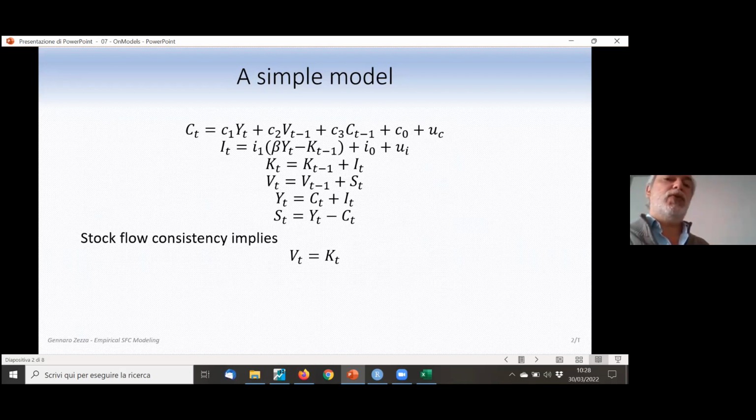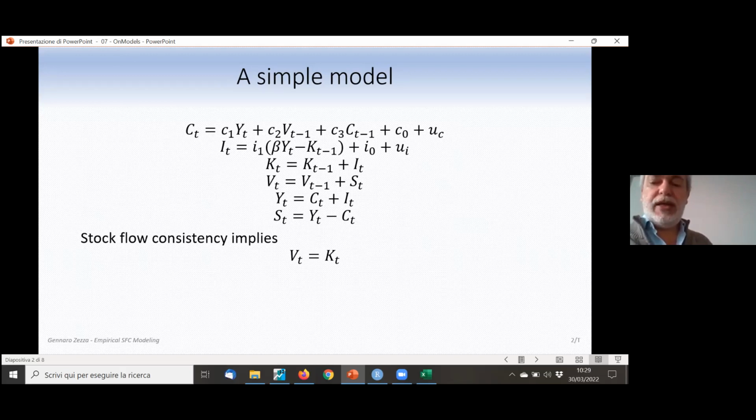Or we could do the same with the investment function and assume that the adjustment to the gap between desired capital and actual capital happens with one period of lag, and therefore, again, you put to 0 one of the parameters in the R matrix.